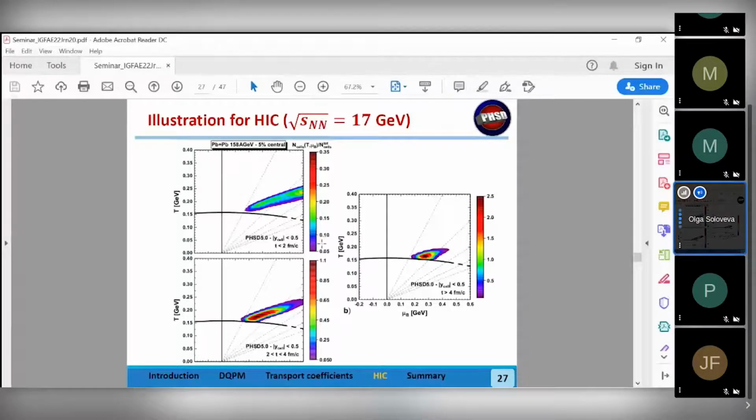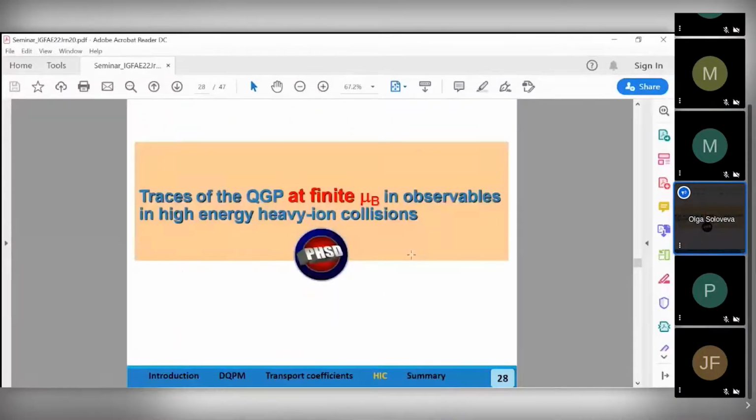So here, already at times t larger than 4 fm/c, the QGP cells are mostly near the crossover line. But the goal is to find the traces on the observables at finite μB.